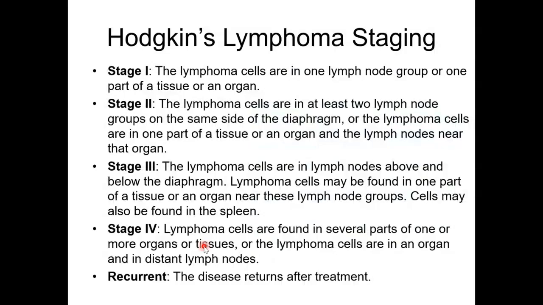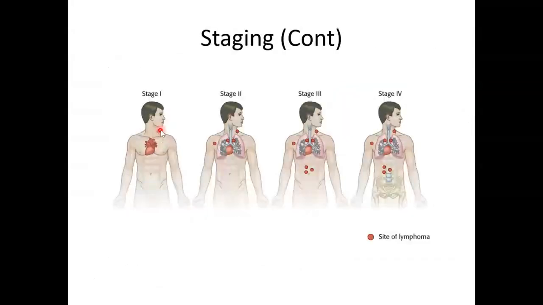When you stage lymphoma or tumors, that is indicative of spread. Stage 1 is one group or one part of the tissue. Watch that area a little bit and done. Okay, one and done, get it out. That's why catching this stuff early is important.